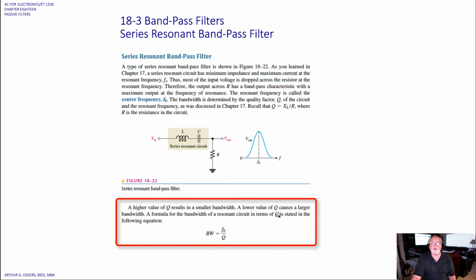A lower value of Q causes a larger bandwidth. So we open up or collapse that curve to form the narrower or wider bandwidth. A formula for the bandwidth of a resonant circuit in terms of Q is stated in the following. The ratio of the frequency by the Q gives us the bandwidth. So we've got another relationship that we can use to solve for several variables.